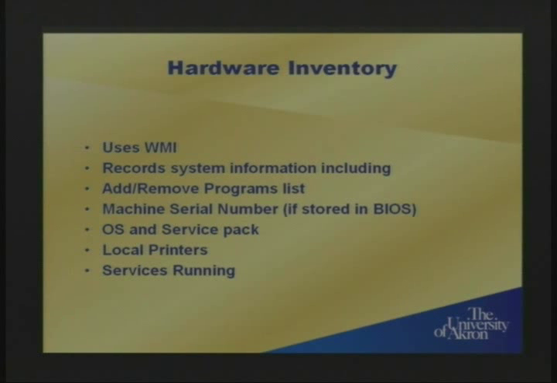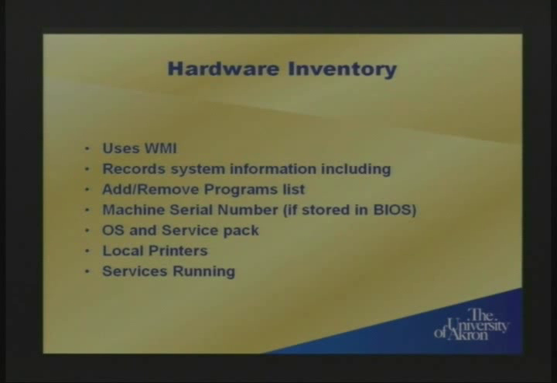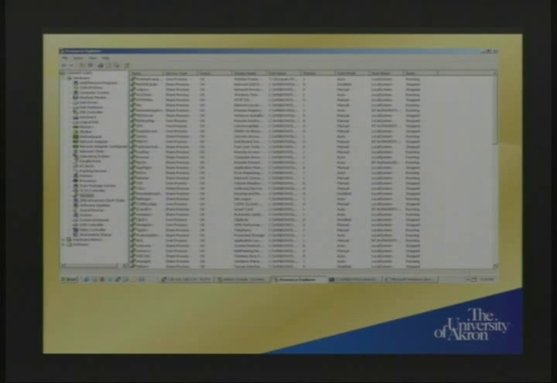Records the add remove programs list, so you can get a snapshot of all the stuff that's officially installed on the machine. Serial number if it's from BIOS, what OS it's running, the service pack it's running, local printers, if you turn that feature on, what services are running on the machine. So with the hardware inventory, you can get a lot of information about the machine.